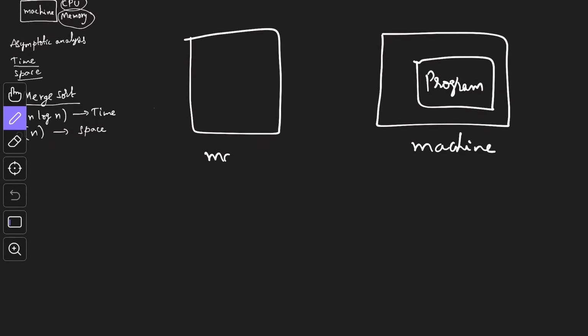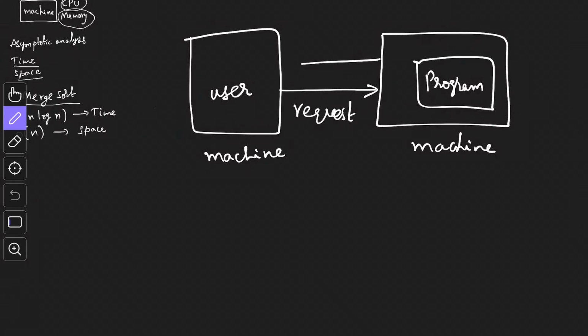For example, it could be another machine. A request is sent to the program remotely. The program executes on this machine and then sends the output as a response to the user. Thus, this becomes an online service.